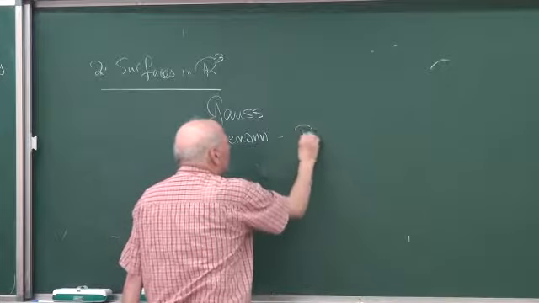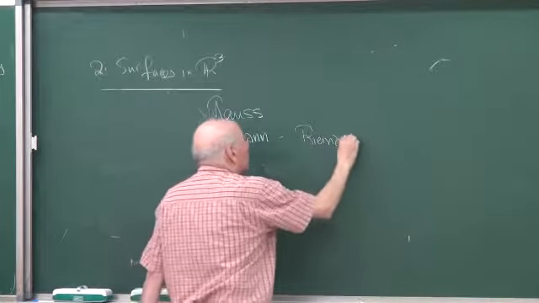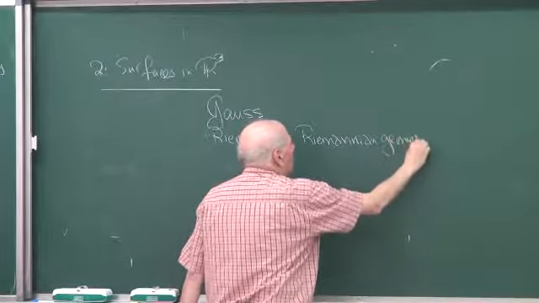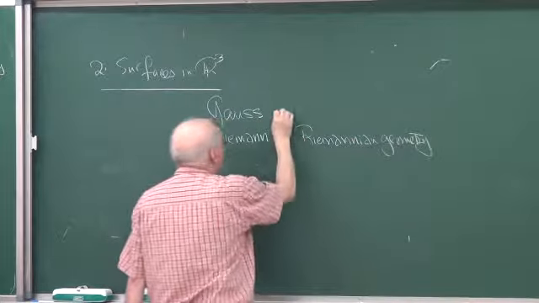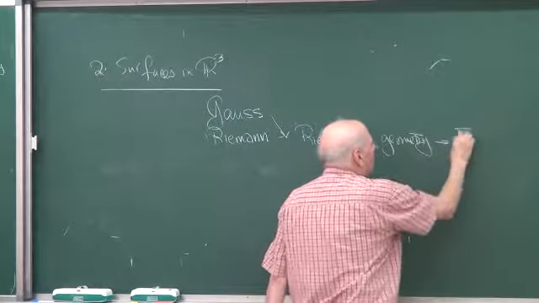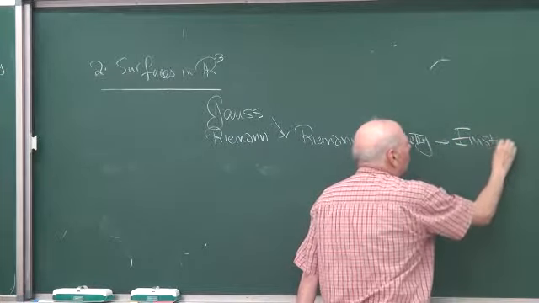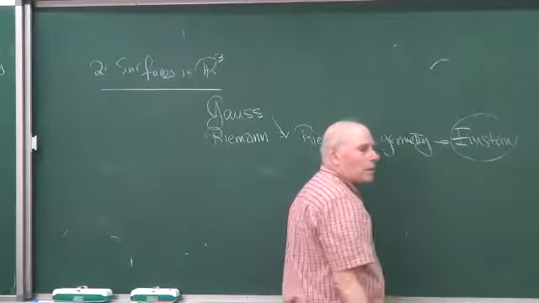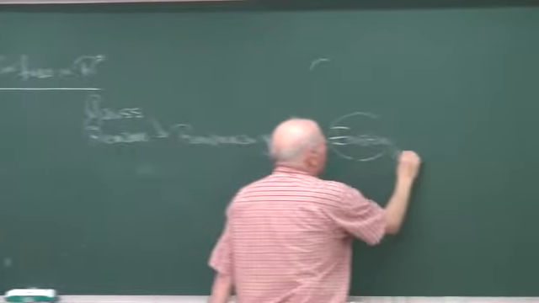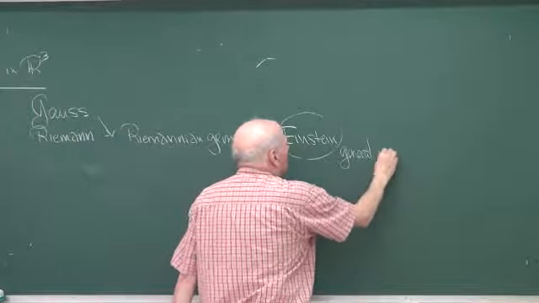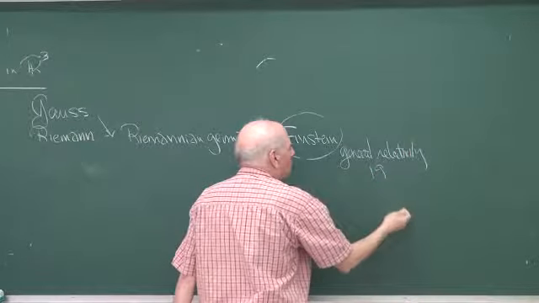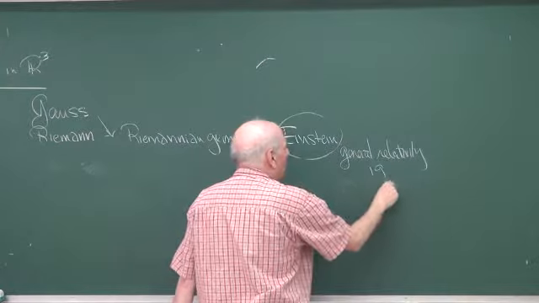So Gauss led to Riemann, led to Riemannian geometry, but then Einstein was able to use the tools. He didn't improve on the geometry, but he used the ideas, and then Einstein came up with general relativity. I think 1916, plus or minus, it was 1914, something like that.